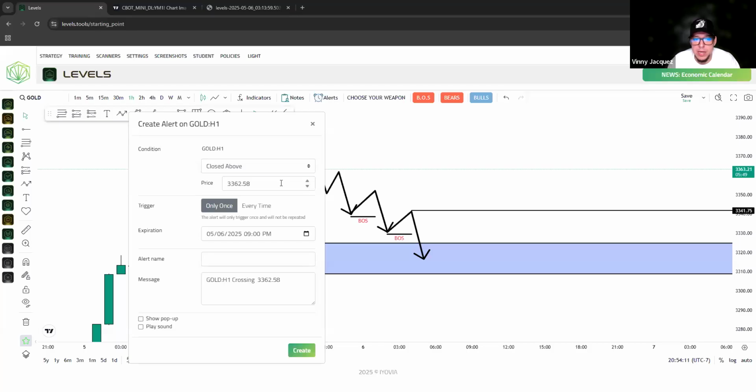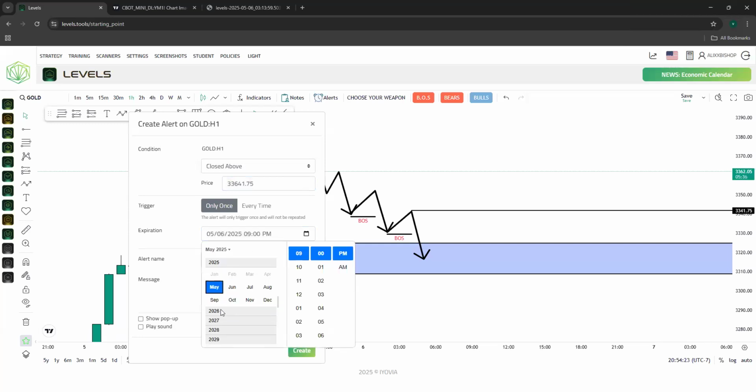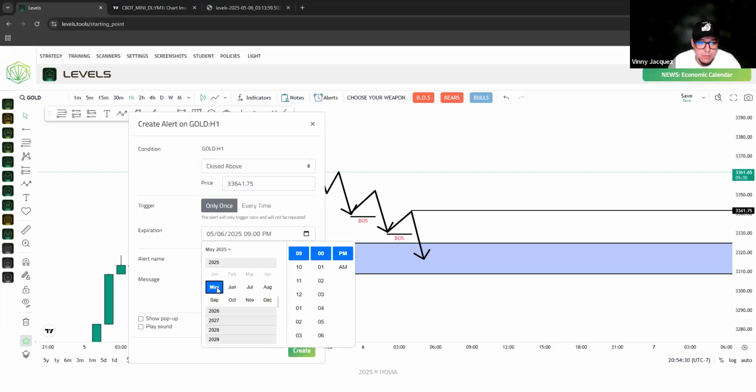My number that I have right there is 3341.75. And you always need to change this for some reason. Not sure why, but I like to just put 2016, and it should be good.